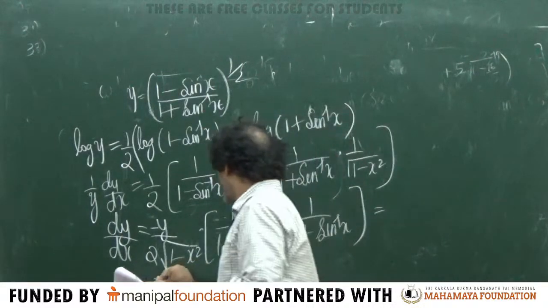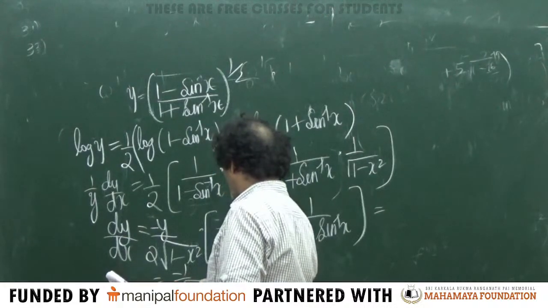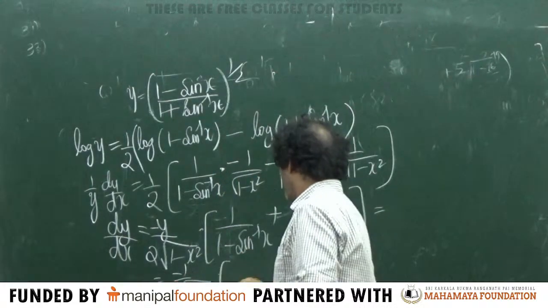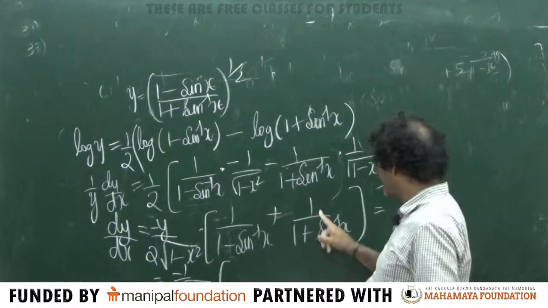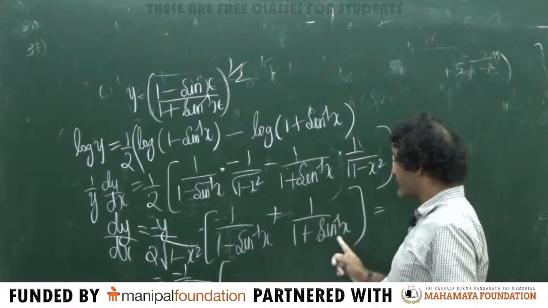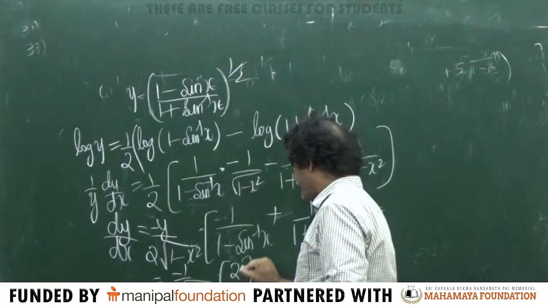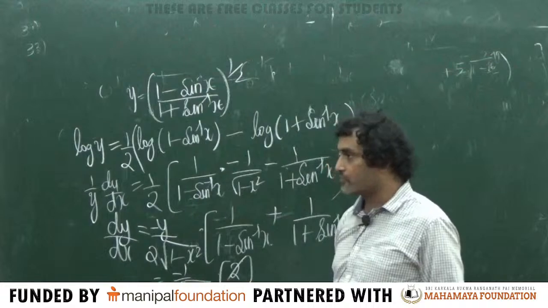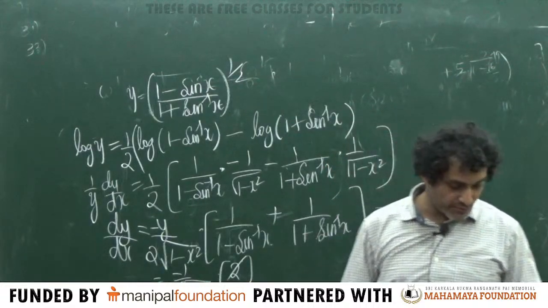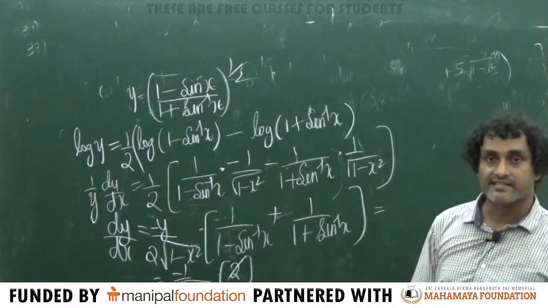So will it not be minus 1 by 2 root of 1 minus x is 0, and anyway sine inverse 0 is 0. Here also sine inverse 0 is 0. So 1 by 1 plus 1 by 1, 2 will be left. Anyways, that 2 and this 2 will cancel. So isn't it minus 1 by root 1? Minus 1 by root 1 is anyways minus 1. So the answer is simply minus 1.